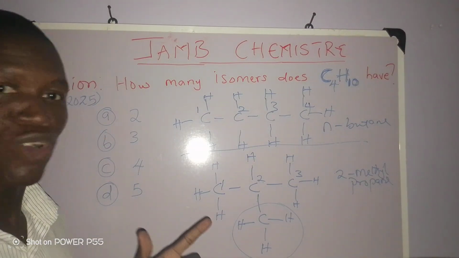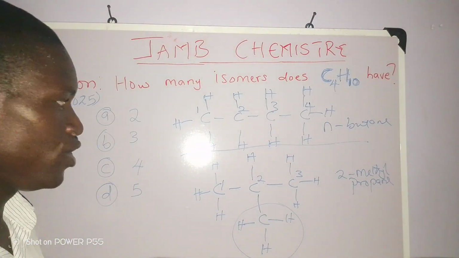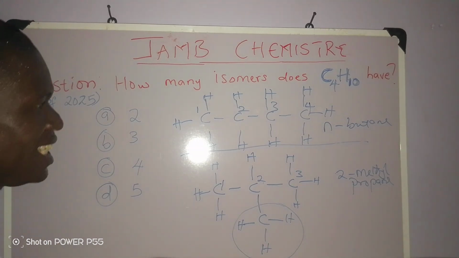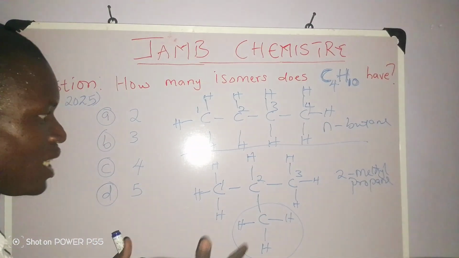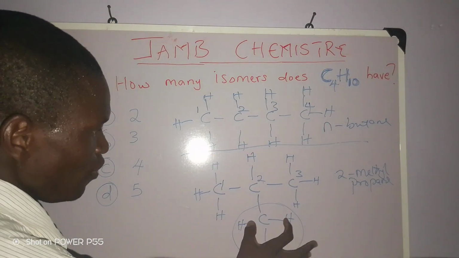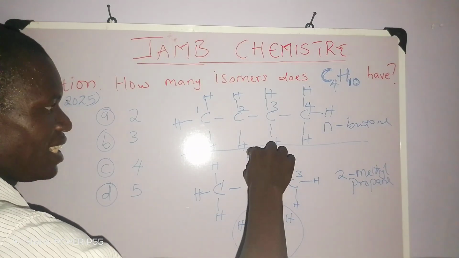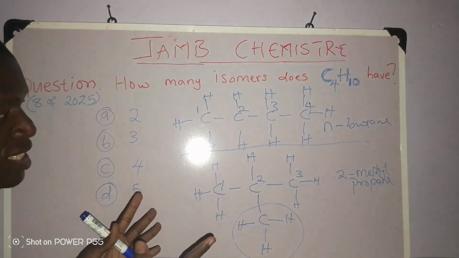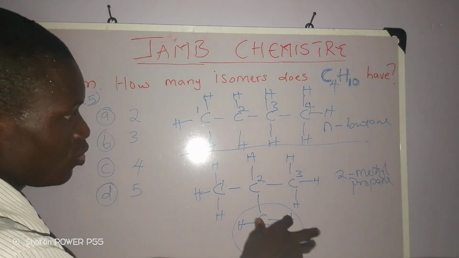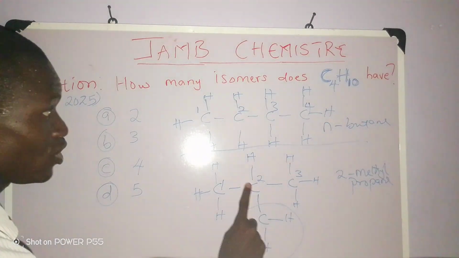If you don't know how to name organic compounds, look for my video on naming organic compounds and you would master it very well. Now think, is there any other possible way we can write this compound? If we decide to pick this and bring it here, it will still be the same thing because this CH3 will still be attached to carbon number 2.